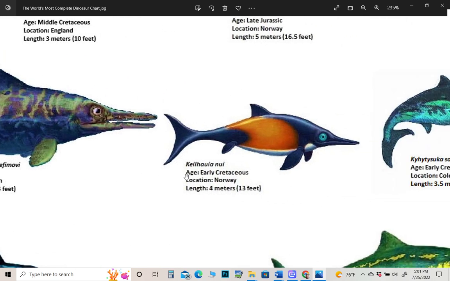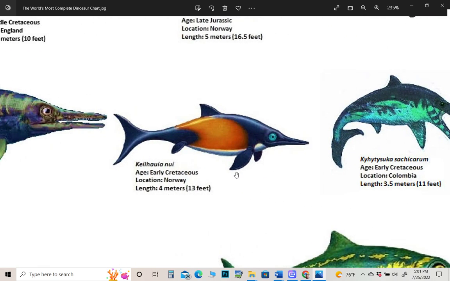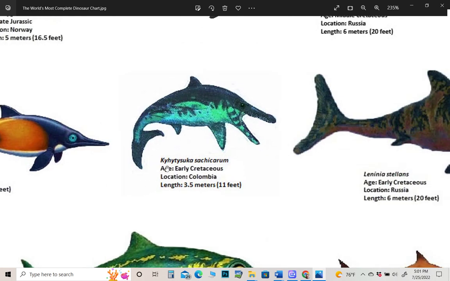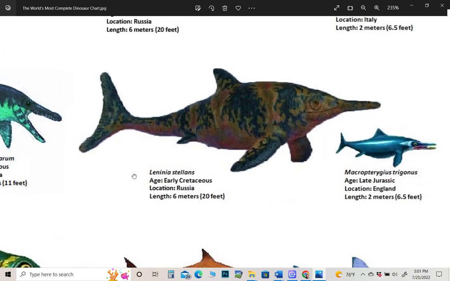Kazakhstanosaurus, Keilhauia, I guess. Kaihaisuka, I believe that was also discovered last year.